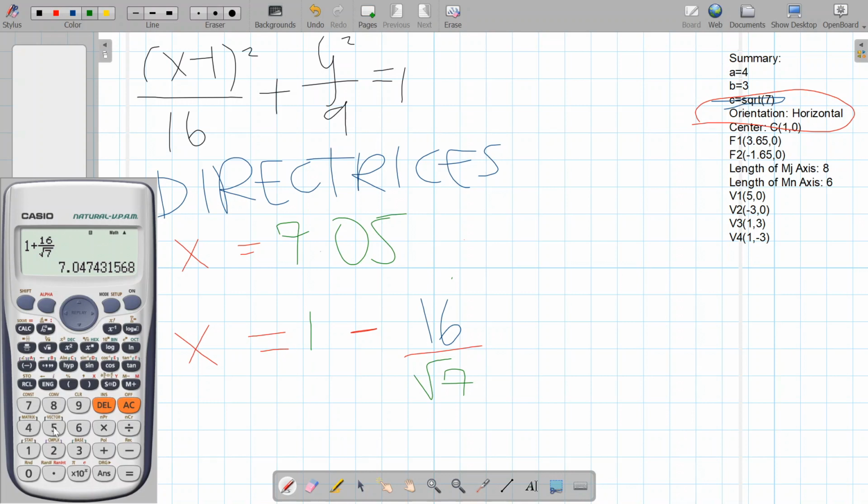Then for the other equation, take note that our equations are lines. When you have a first degree equation just like this, x equals a constant, that is a line. So let's just edit here. Instead of plus, let's have minus.